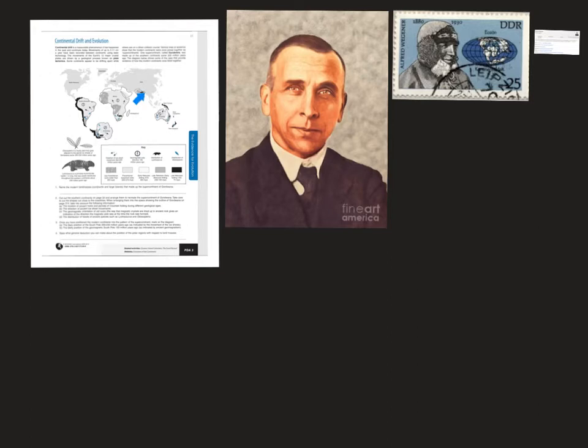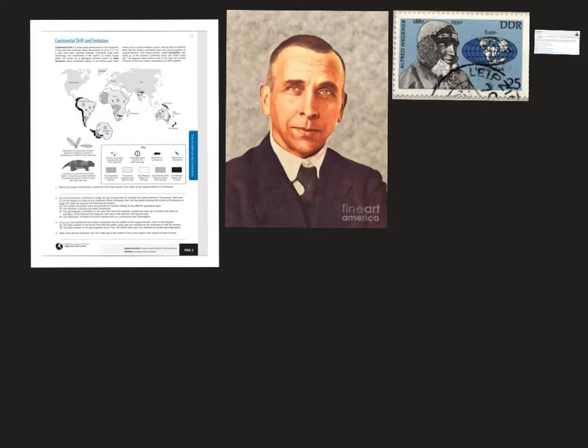He knew that India shared fossils with Africa. He knew Australia shared fossils and rock strata with other parts of the world, even though Australia is completely separated from any major continent. So he theorized that all these components of the continents at some point fit together.